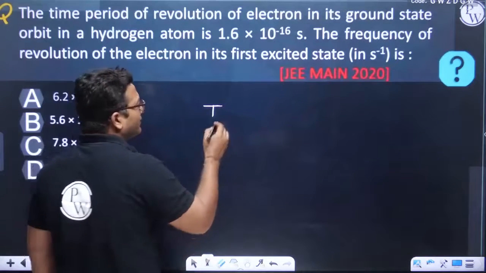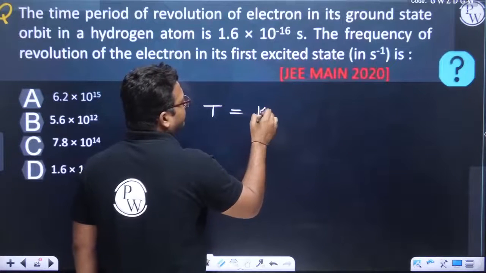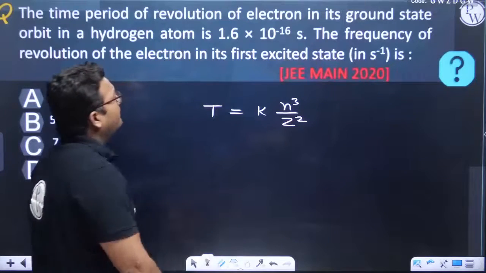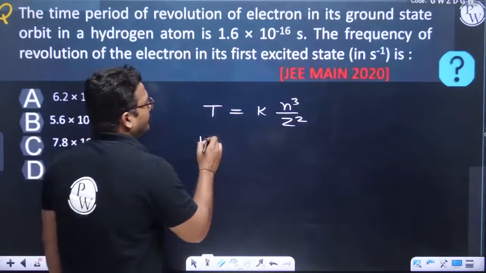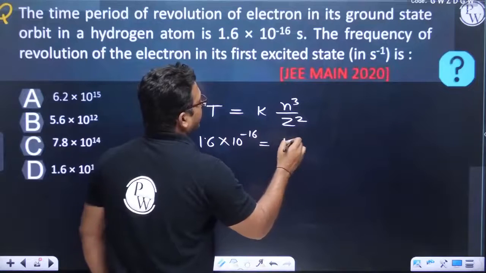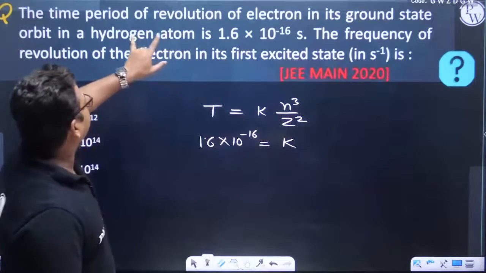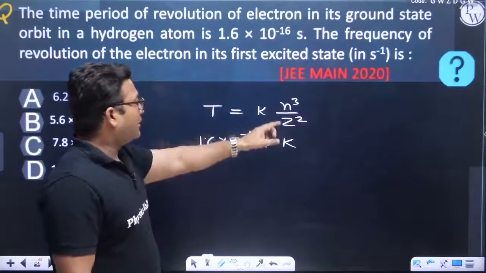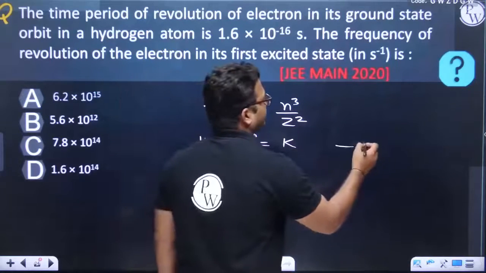So T equals some constant times n cube by z square. So 1.6 times 10 to the power minus 16 equals k times, okay, ground state. For ground state we have n equals 1, and for hydrogen atom we have z equals 1. So all these are 1. So we can say it is equal to k. That is the first equation.